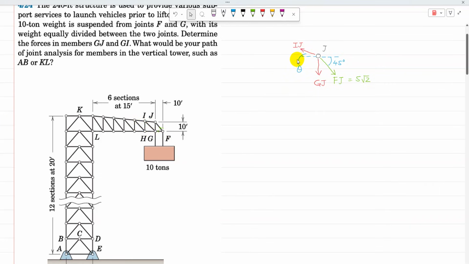So assuming that IJ makes an angle theta with the horizontal, we need to find that angle theta first.